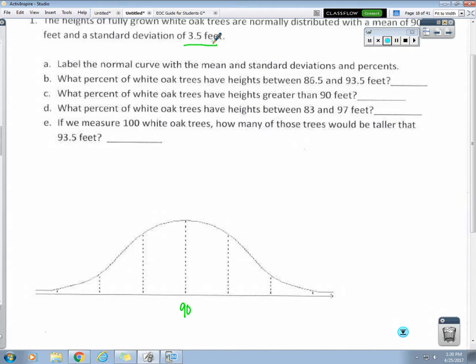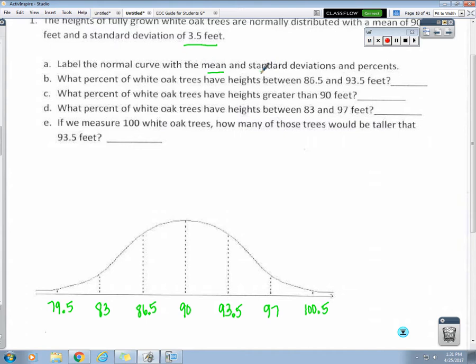On the right, we'll be adding the standard deviation, which is 3.5. So 1 standard deviation above would be 93.5. 2 above would be 97, and 3 above would be 100.5. 1 standard deviation below would be 86.5. 2 below would be 83, and 3 below would be 79.5, right.